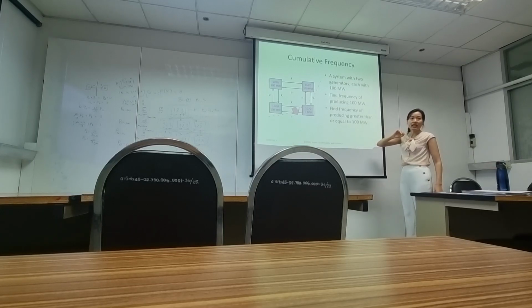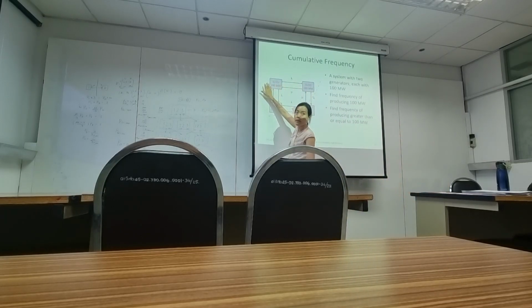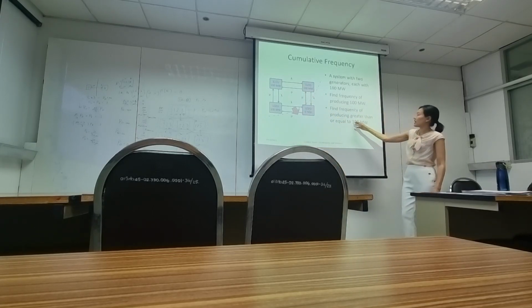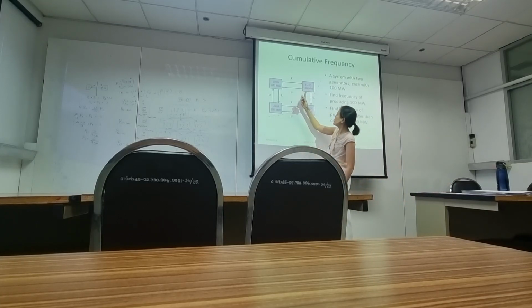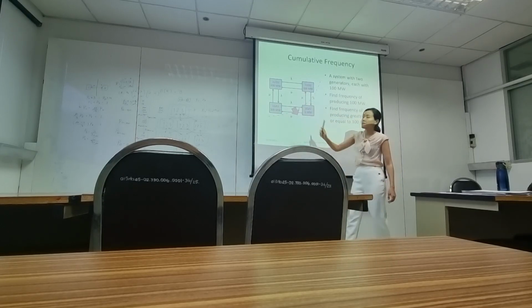Where is it greater than or equal to 100? Here. This is 100 or above. So you have the boundary right here. So the frequency of producing greater than or equal to 100 is the probability here times the rate plus the probability here times the rate.